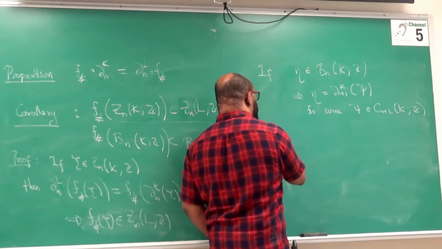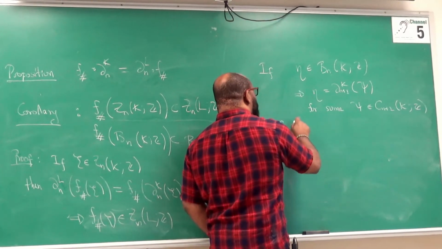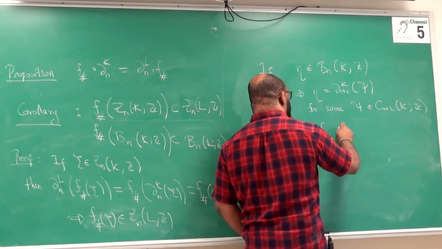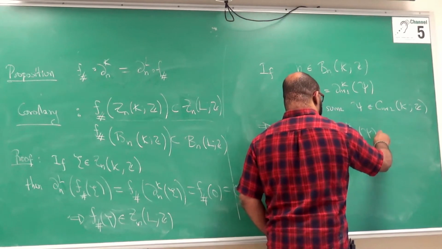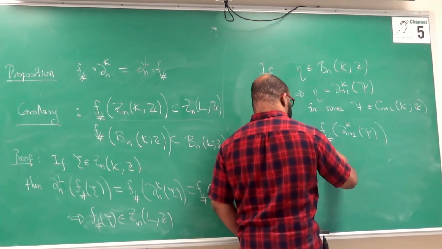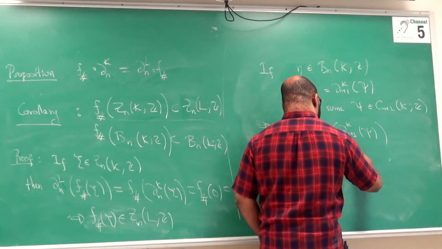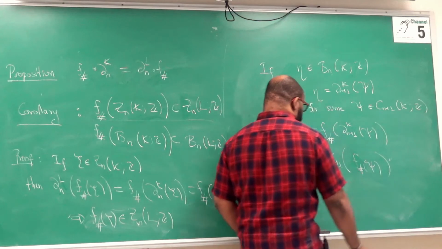This in turn implies that if I apply F sharp to eta, then that is the same thing as applying F sharp to delta n plus 1 K of psi. And that is the same thing as delta n plus 1 L of F sharp of psi.